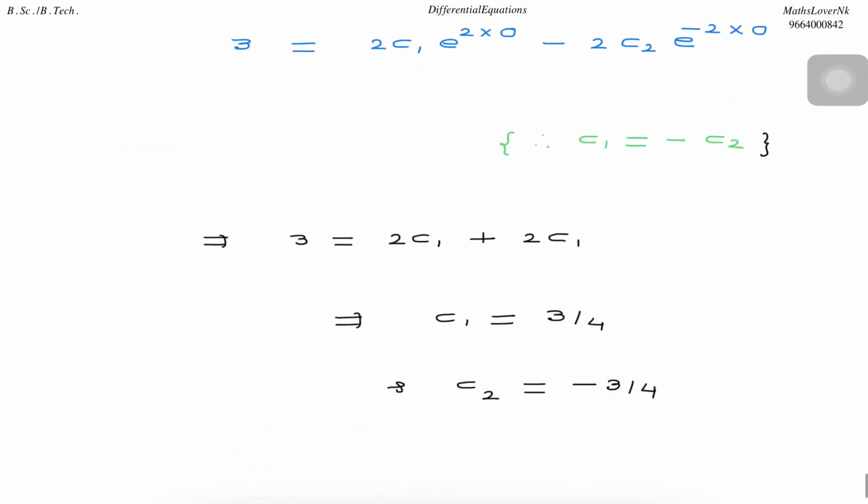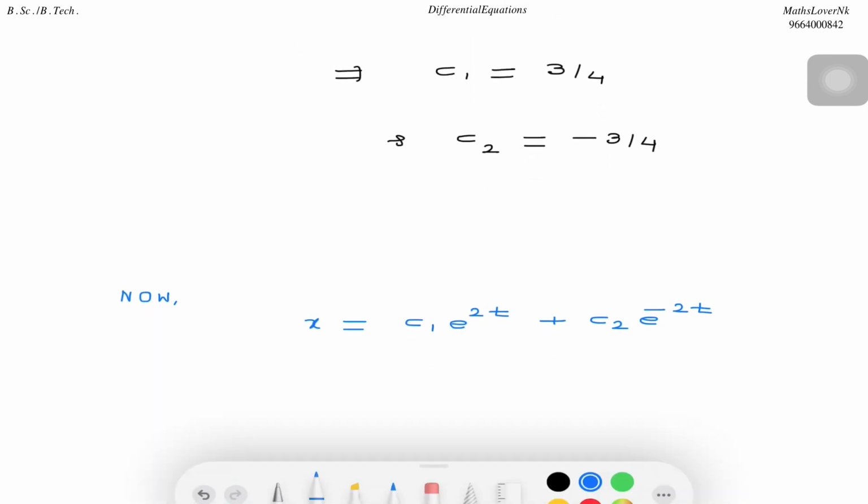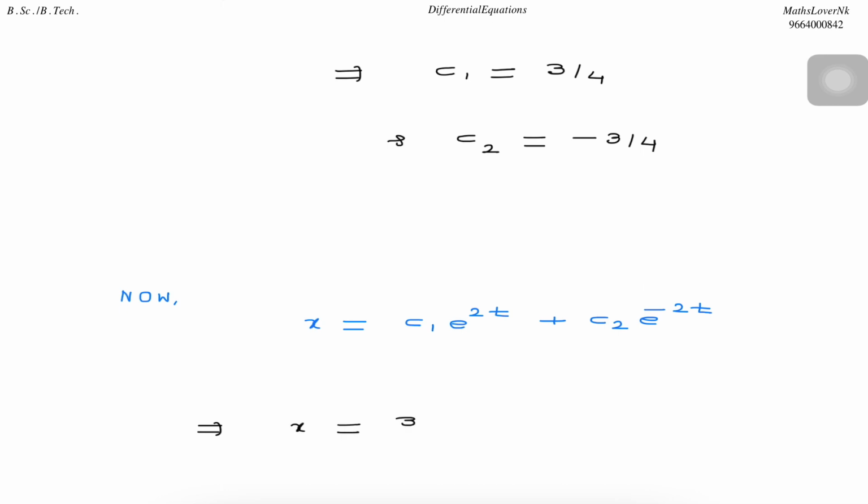Now put the value of c1 and c2, we get x is equal to 3 upon 4 e the power 2t minus 3 upon 4 e the power minus 2t.